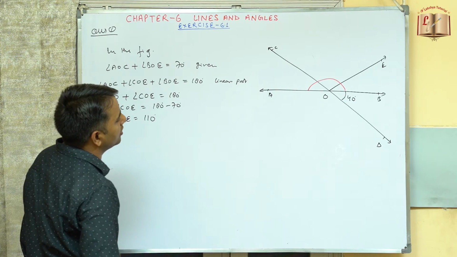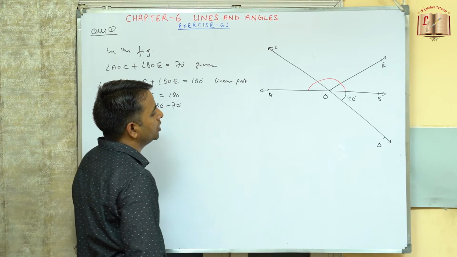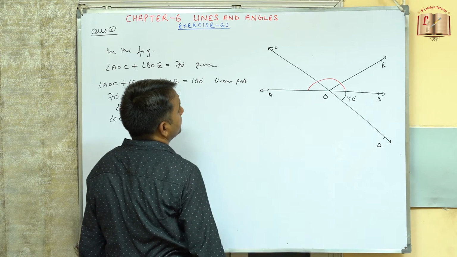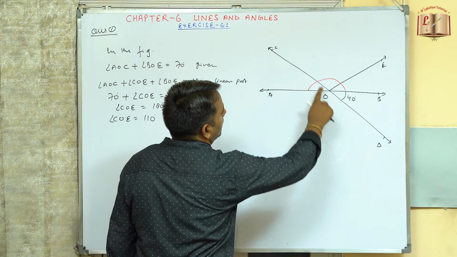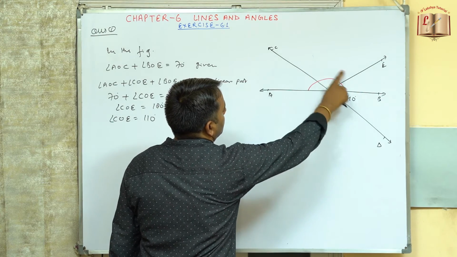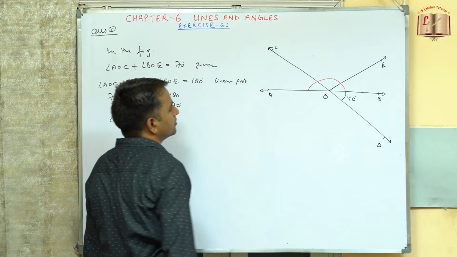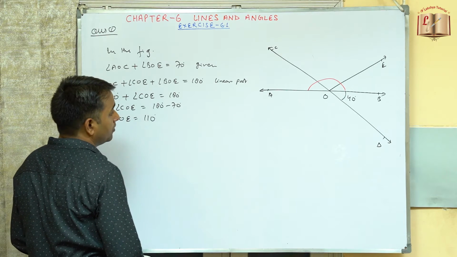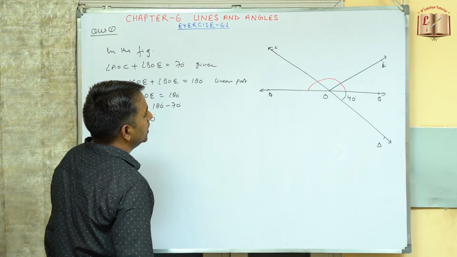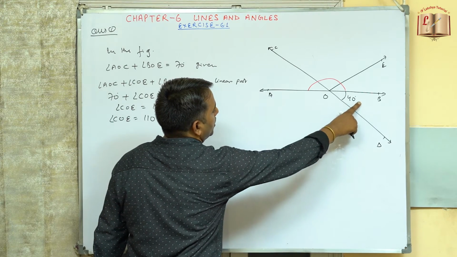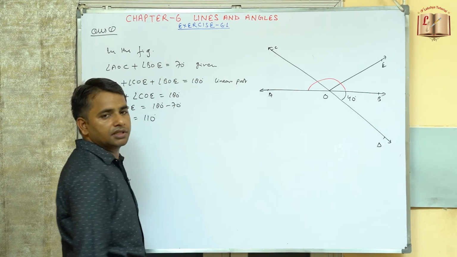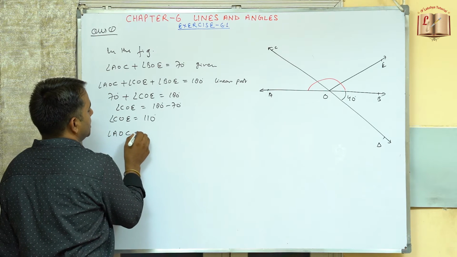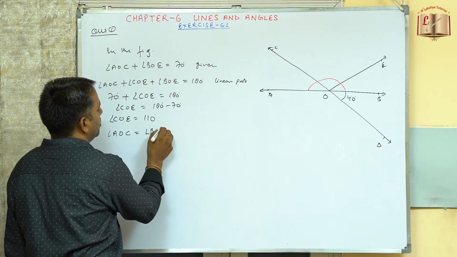And now we need to calculate angle BOE. Now here, this is the complete linear pair. Or otherwise also see, BOD and AOC are vertically opposite angles. So angle AOC is equal to angle BOD.